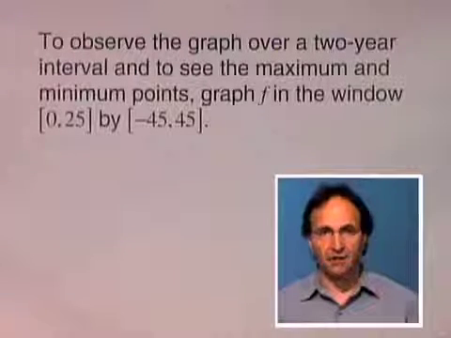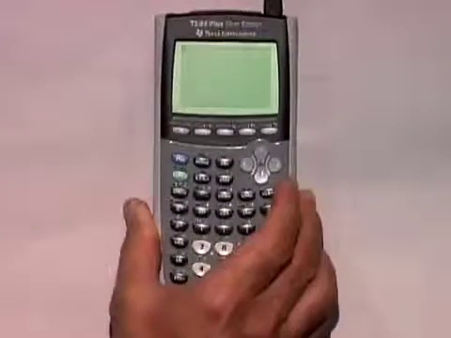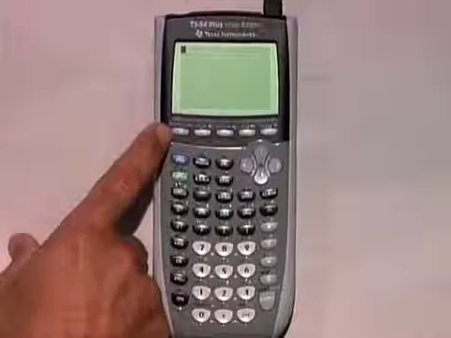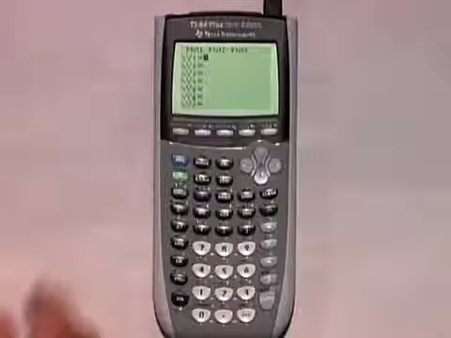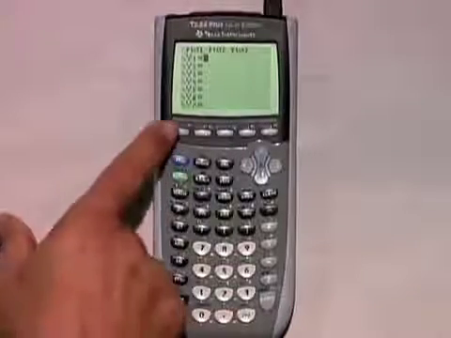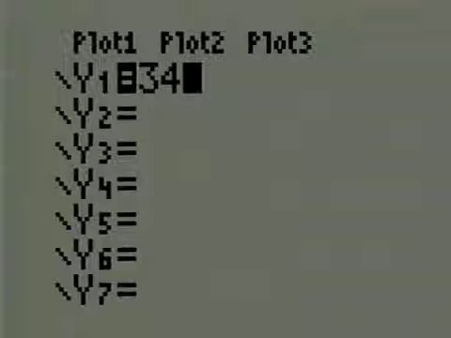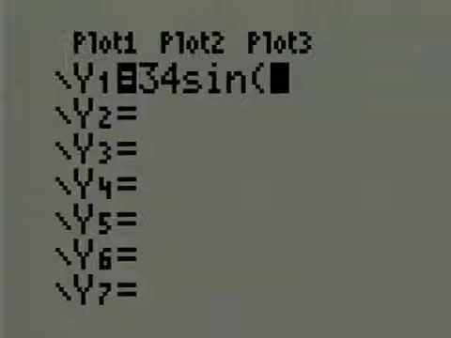So let's bring in the calculator and enter the equation into the calculator. To do that, we want to hit the equation editor key, the y equals key. So we press y equals, and then we enter in 34 times sine. Now we need to enter pi divided by 6. We need to put that in its own set of parentheses. So I enter another parenthesis.